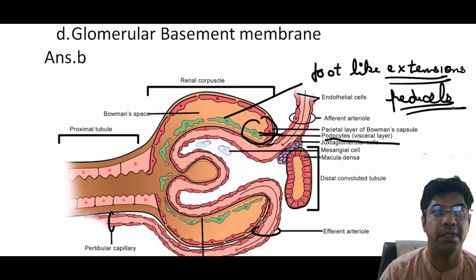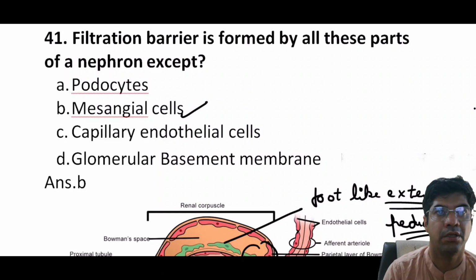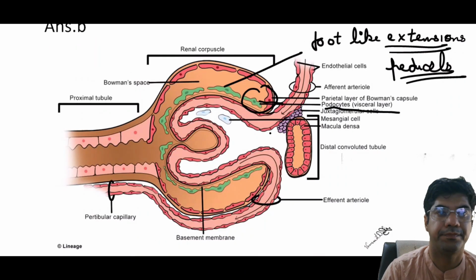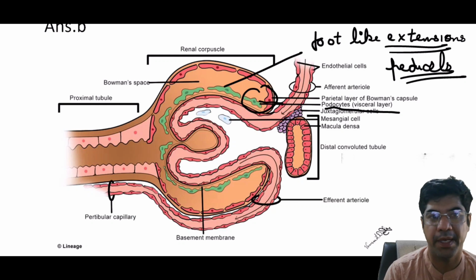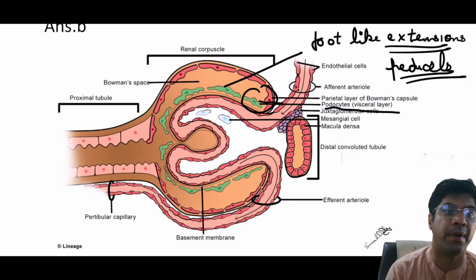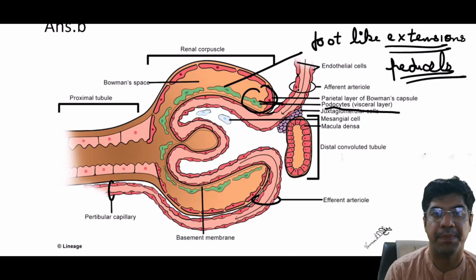The second component is the capillary endothelial cells. These cells line the glomerular capillaries and allow passage of water and small solutes. The third is the glomerular basement membrane. It is a thick gel-like extracellular matrix that lies between the capillary endothelial cells and the podocytes.